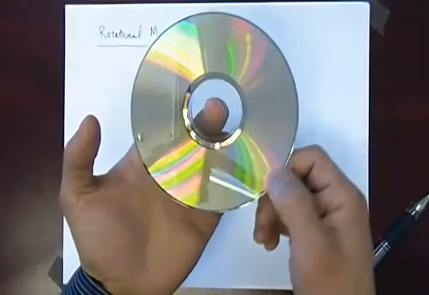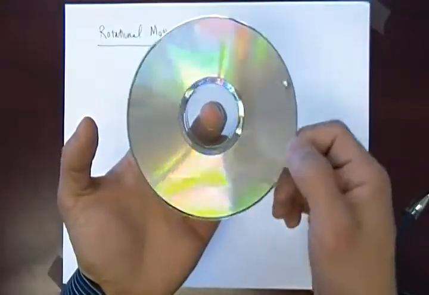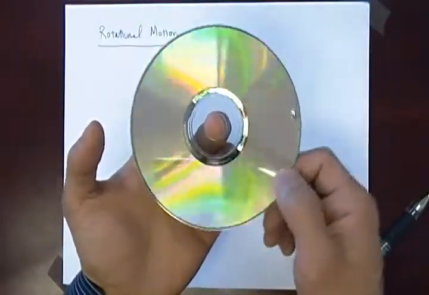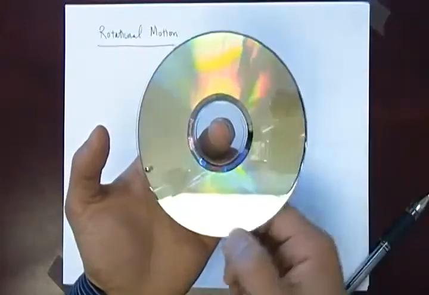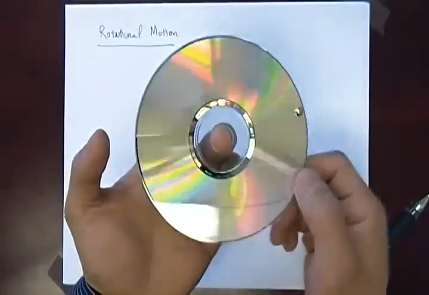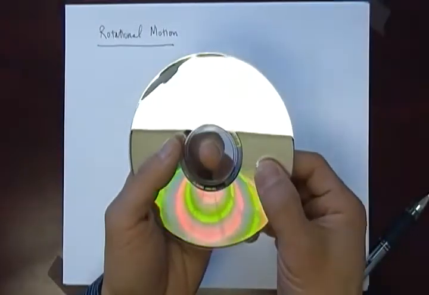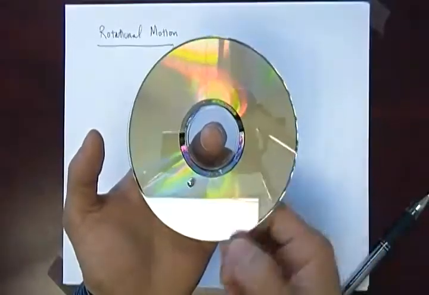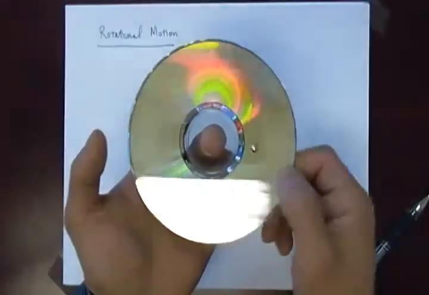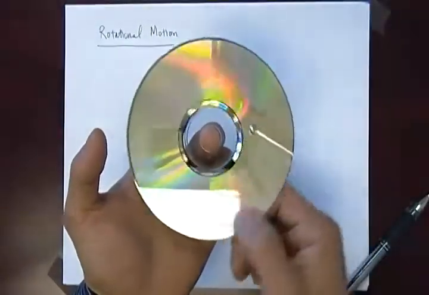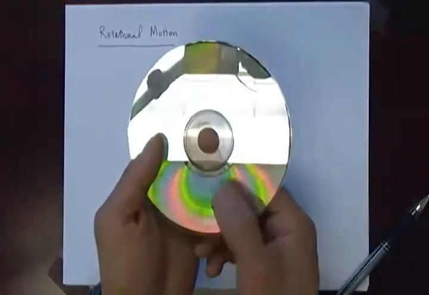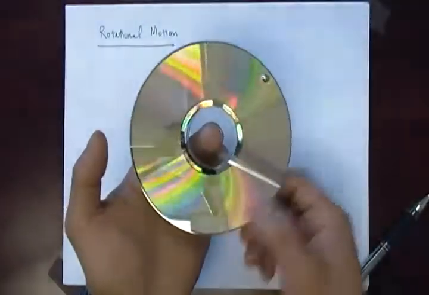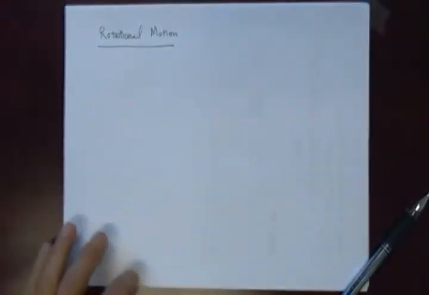As the CD spins, the object moves around in a circle, and you notice that how fast the object is moving is determined by how fast the CD is rotating, as well as the radius at which the sphere is sitting relative to the rotation point. So for a given angular speed, how fast the CD turns, the bigger the radius is, the faster the actual object is moving. Okay, so we'll be talking about that today.